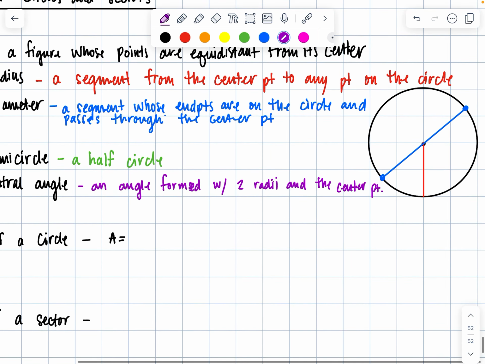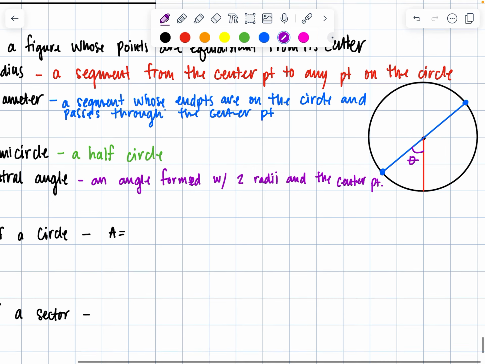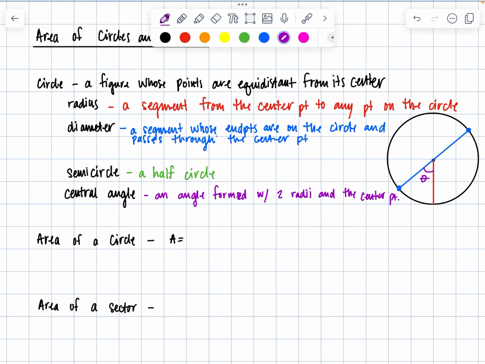So here we have a central angle right here. We could call that theta. A half circle would actually be either one of these because it goes through the diameter. The diameter is part of the semicircle. You could do the bottom right half of it or the top left half of it.